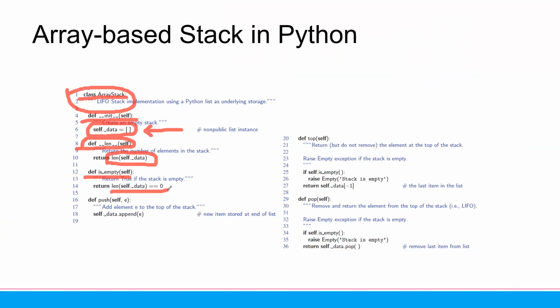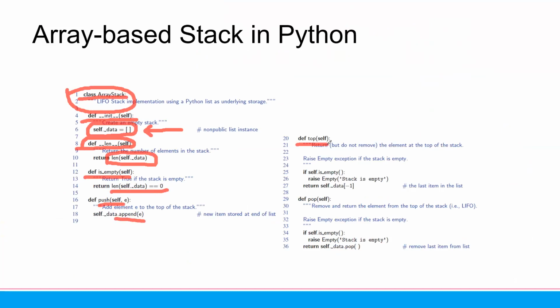So the length, if it is 0, then it is empty. If it is not, then you will just give false. And then if you push, it means you want to append.